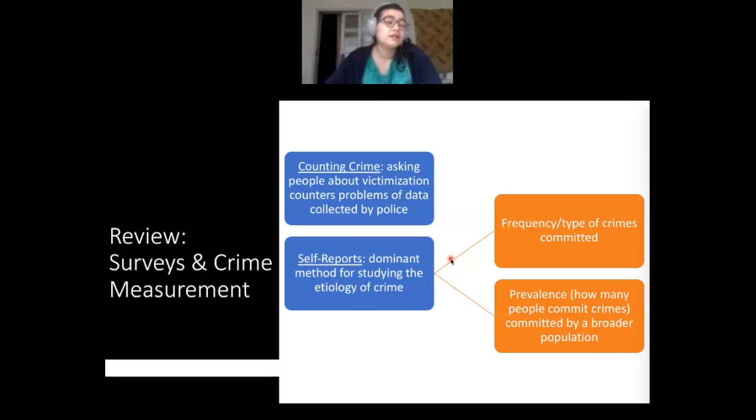And then exploratory would be a survey that is trying to address a topic that hasn't really been touched upon, but they're exploring the aspects of it. So some pilot surveys might fall into this.